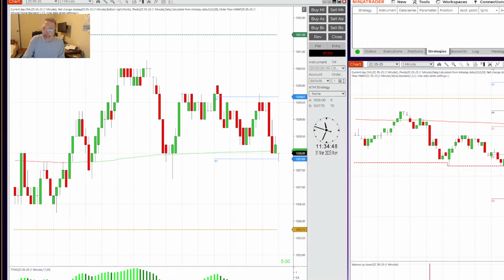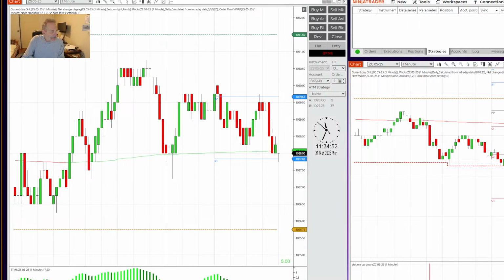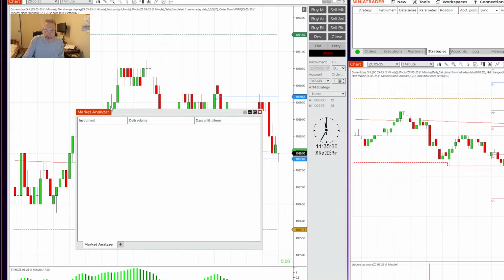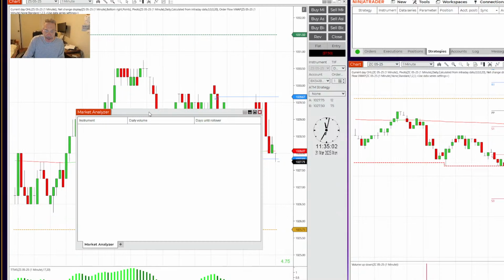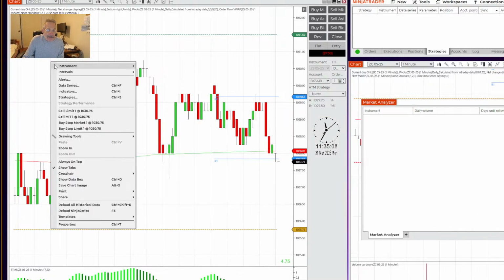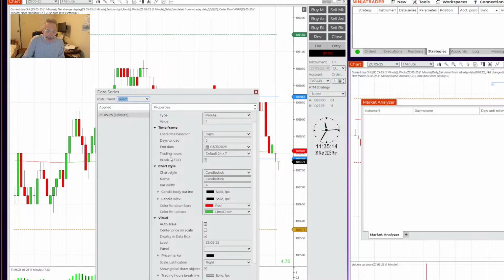But there still is a way, if you go new, market analyzer, there still is a way to check volume. Right click the chart, click data series, scroll down to trading hours, and it's a little arrow there.